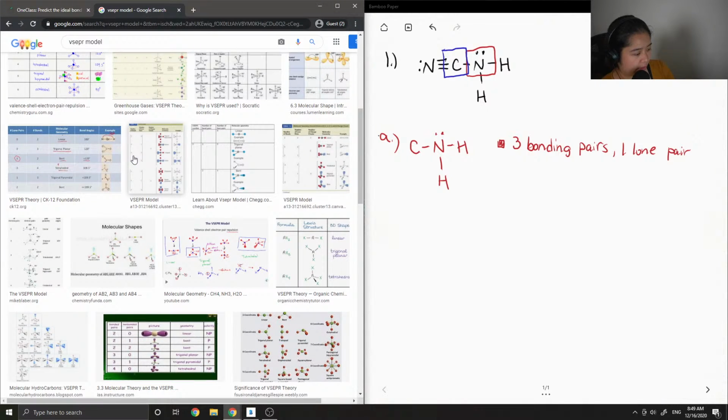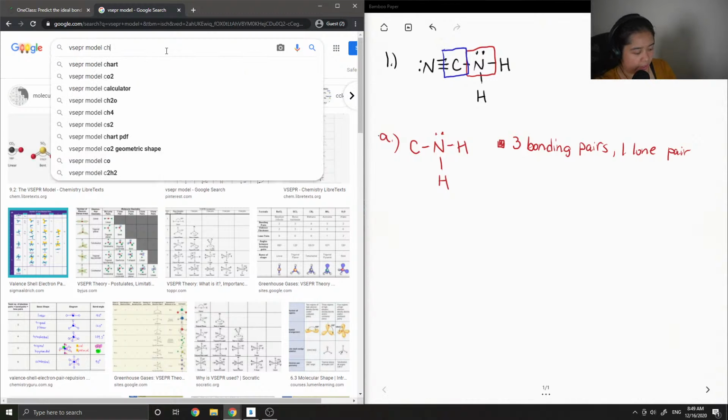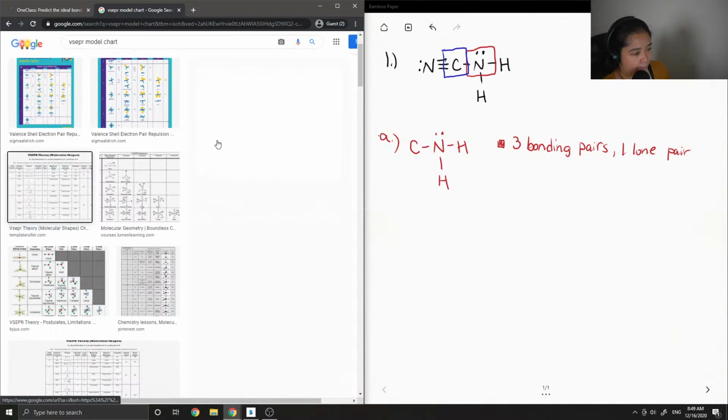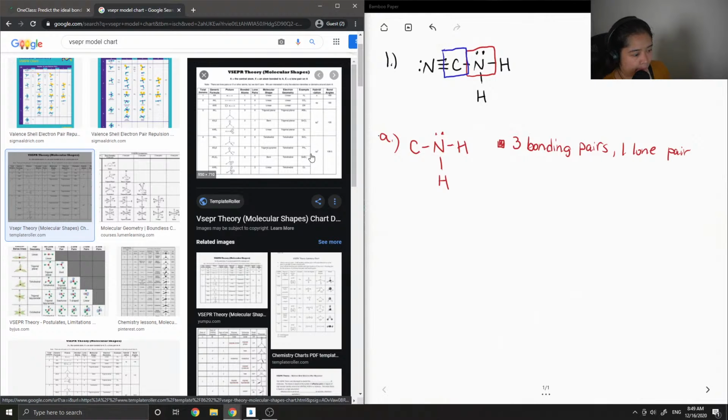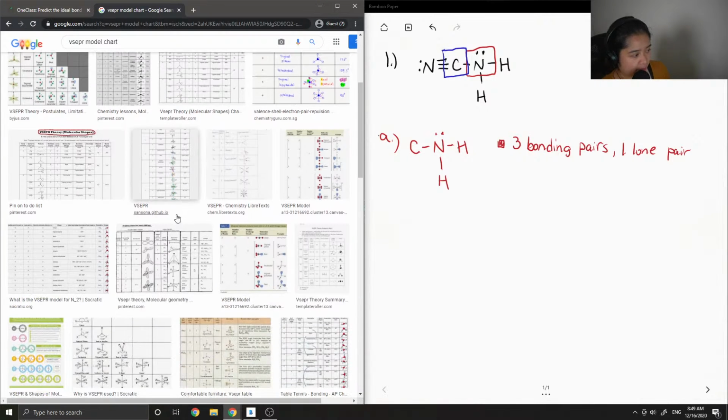I'll just search chart. That might be too small to read.